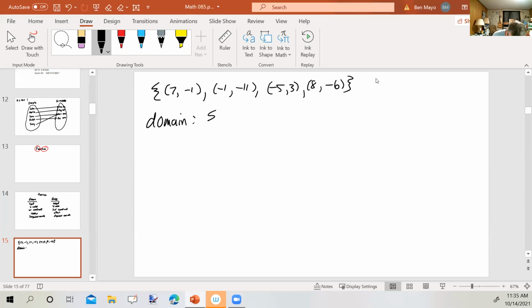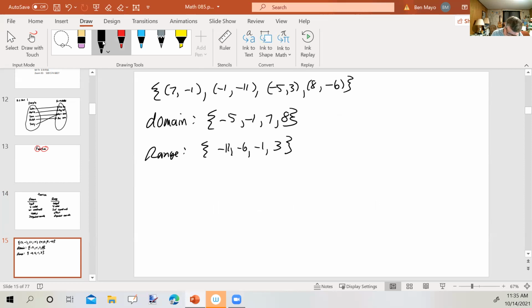The domain would be all of the inputs, and I'm going to put them in order from smallest to largest. So there's your domain. And the range would be -11, -6, -1, and 3. So the domain is the inputs or the X values. The range is the outputs or the Y values.